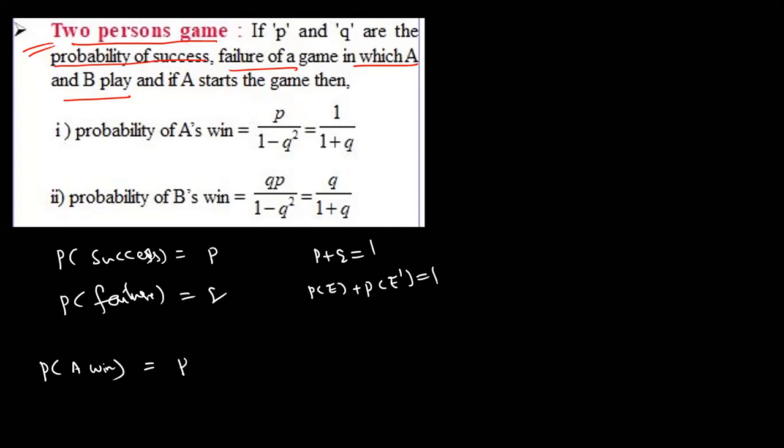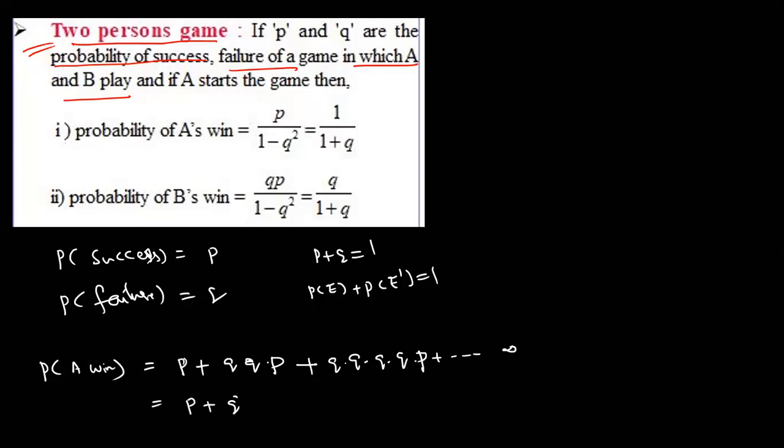Next, Q fails. Definitely A will win the game. Next, Q, Q, Q, Q. Definitely A will win the game, and so on.